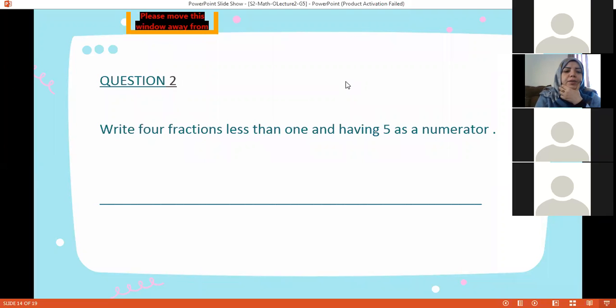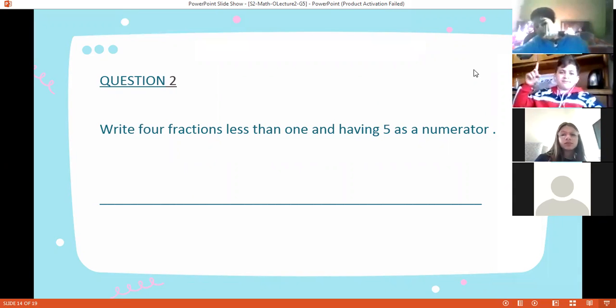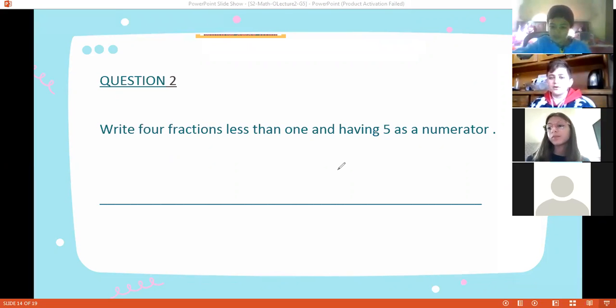we need to write 4 fractions less than 1 and having 5 as a numerator. I'm going to start by Hala. Yalla Hala. You have to give me a fraction which is less than 1 and it has 5 as a numerator.